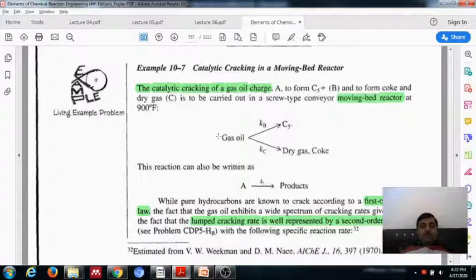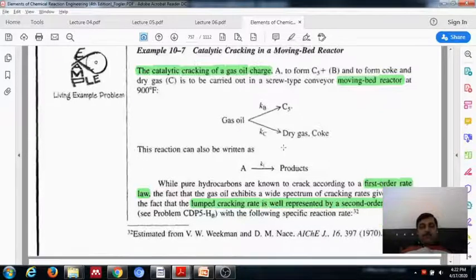So the reaction is gas oil to give C5 plus components, plus there is dry gas and coke formation. We just lump everything together to write it as A gives products, and there is coking in the reaction. So the pure hydrocarbons are known to crack according to first order rate.